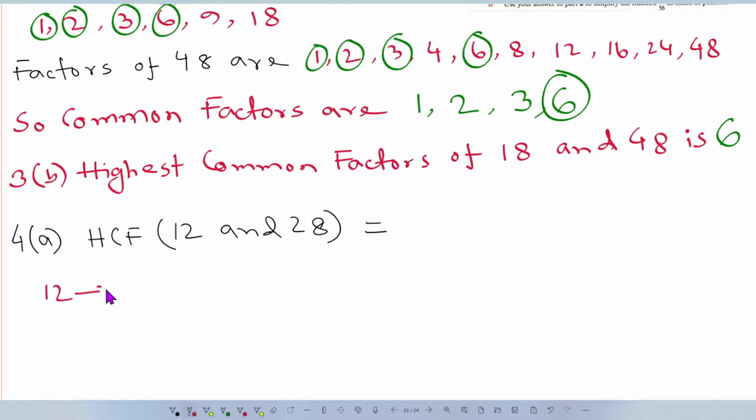12 we can write 1 times 12, 2 times 6, 3 times 4.